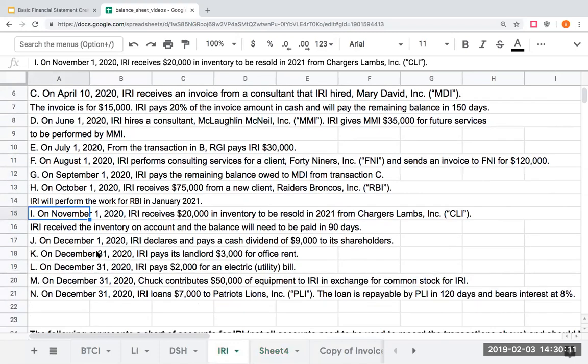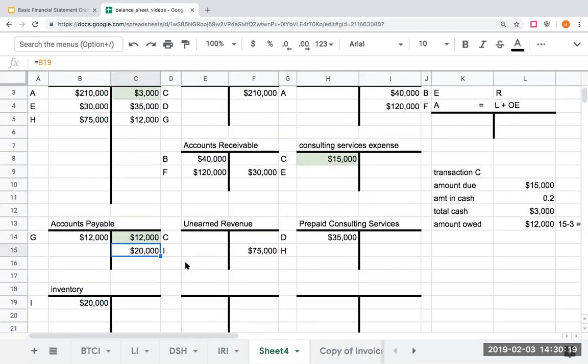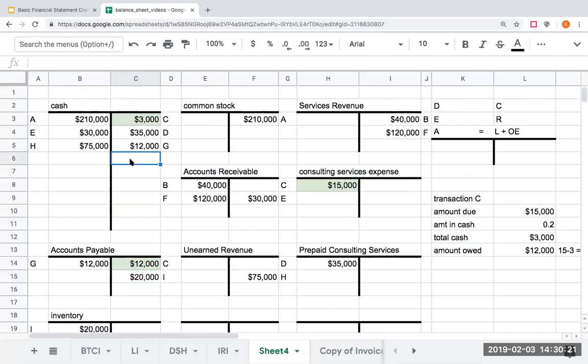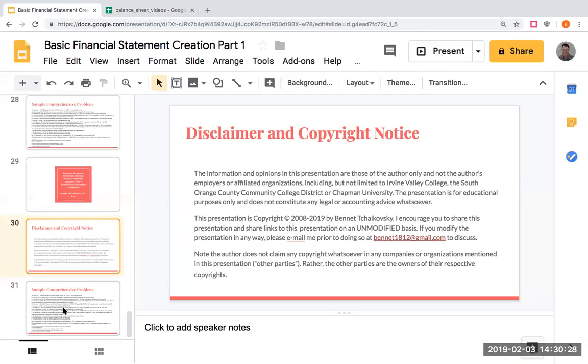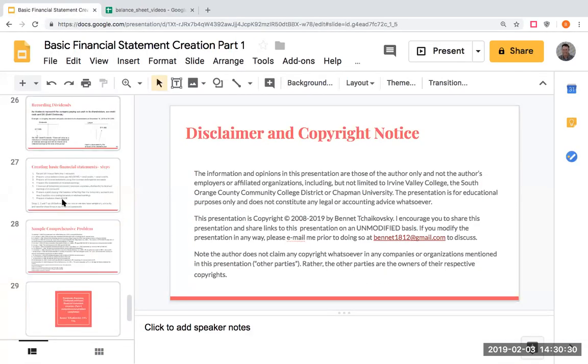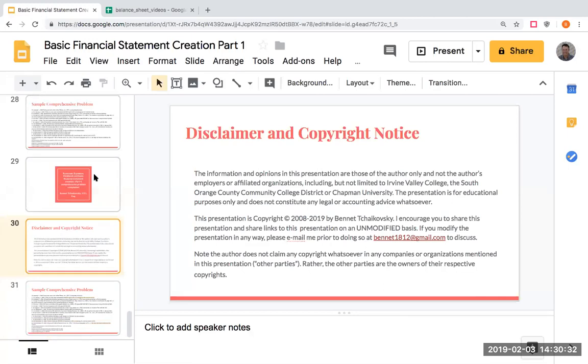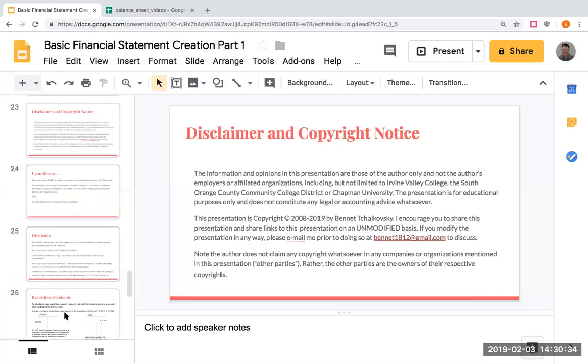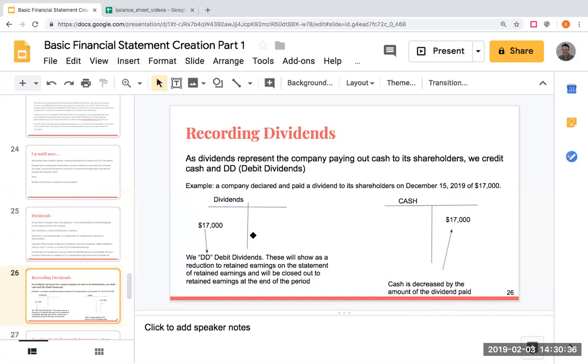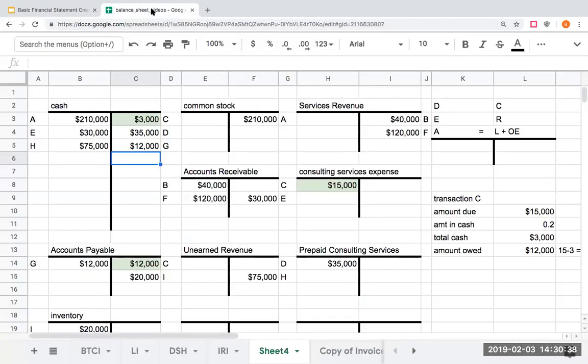Let's take a look at transaction J. I declare and pay a cash dividend of $9,000. So what's happening here? Remember from before we were talking about what we call debit dividend. So this is going back to the earlier discussion. Okay, right here. So I'm going to be debiting the dividend.